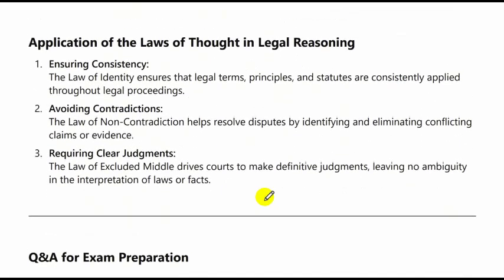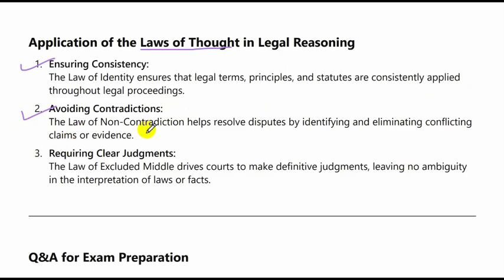So where are these laws applicable? That is, the laws of thought in legal reasoning. First, we need to ensure consistency. The law of identity ensures that legal terms, principles, and statutes are consistently applied throughout legal proceedings. Second, we have to avoid contradiction.